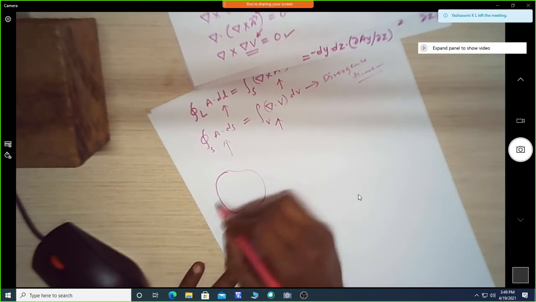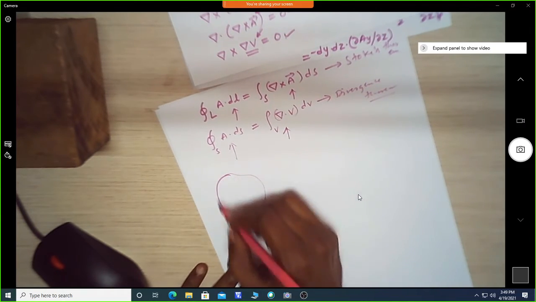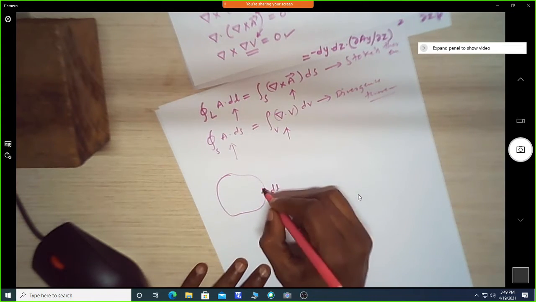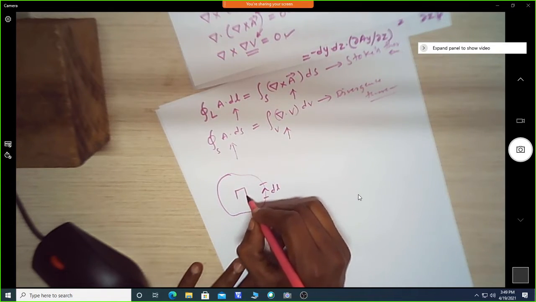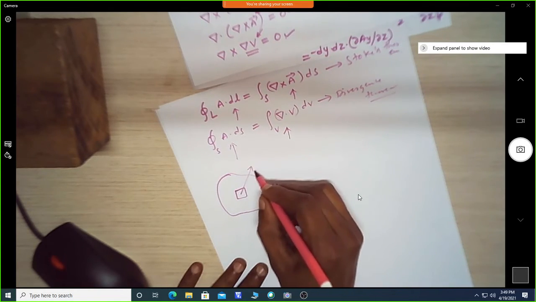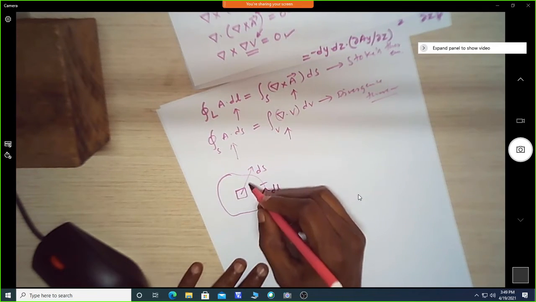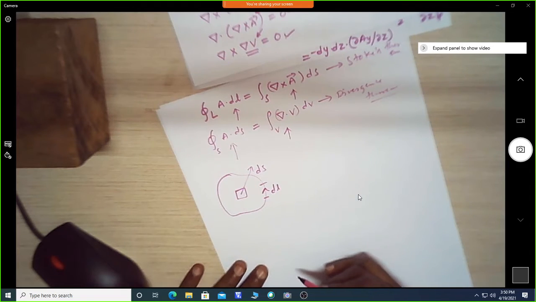So this is a surface, that is the closed line integral, which bounds an open surface. If I have this closed line integral and I take a small dl, a differential length, and this open surface having a ds with a normal direction, the unit vector normal to the surface.